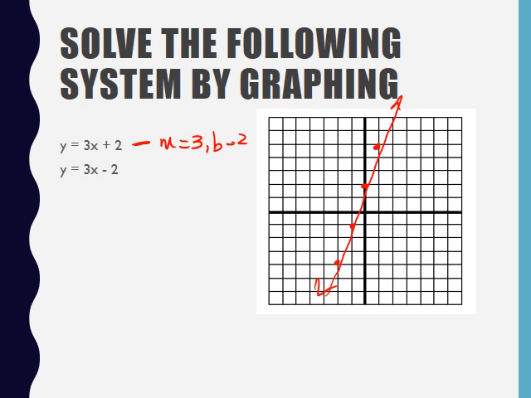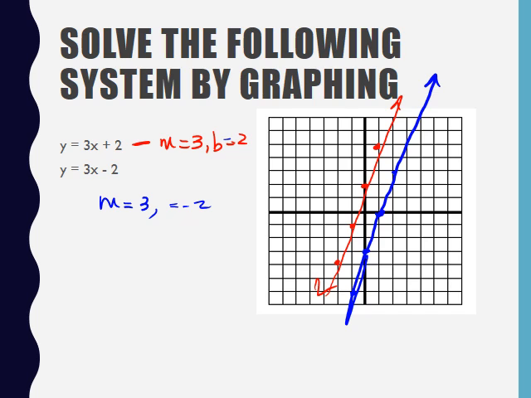Okay. My second equation, my slope is 3. My y-intercept is -2, so I'm going to come down here. I'm going to go down 3 and over 1. I'm going to go up 3 and over 1, up 3 and over 1, all the way through.